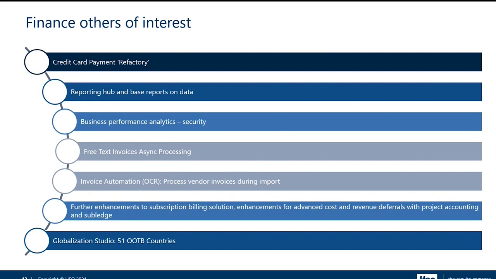If you're not already aware of Microsoft's invoice automation, the OCR, I strongly encourage you to go and have a look. If you're already using an off-the-shelf invoice OCR processing tool, this may not be what you're after. If you're not using anything, this can really get you going. I've got a quick slide from a previous presentation just to show you what that is. This feature allows you to process your vendor invoices during the import of an OCR invoice.